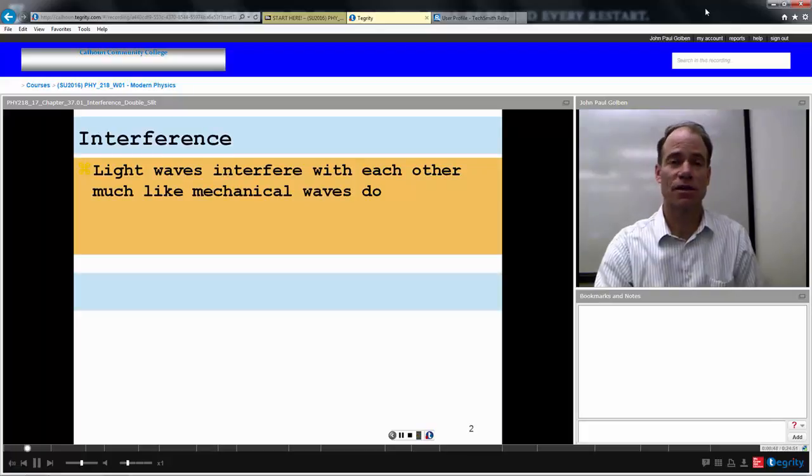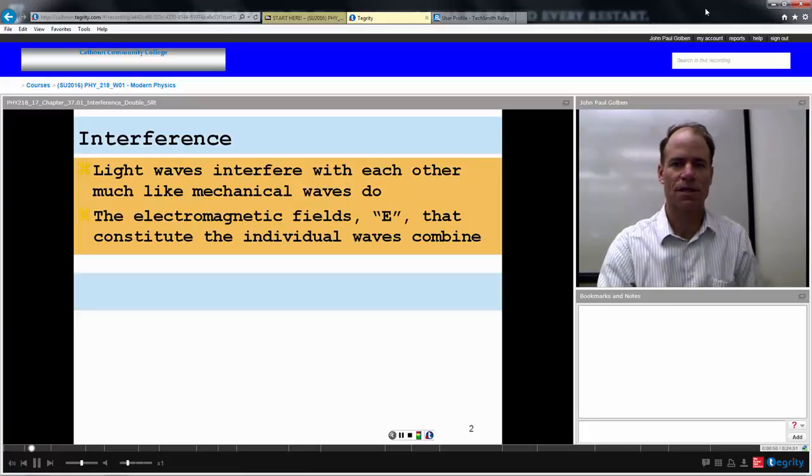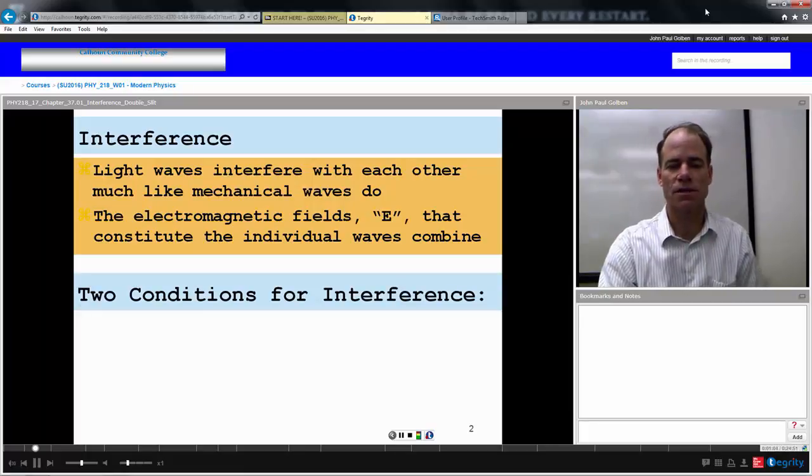Light waves do interfere with each other, much like mechanical waves do, and it really depends on the amplitude of their electromagnetic field vectors. So these electromagnetic field vectors, the amplitudes, can combine if we consider two conditions for this to happen.